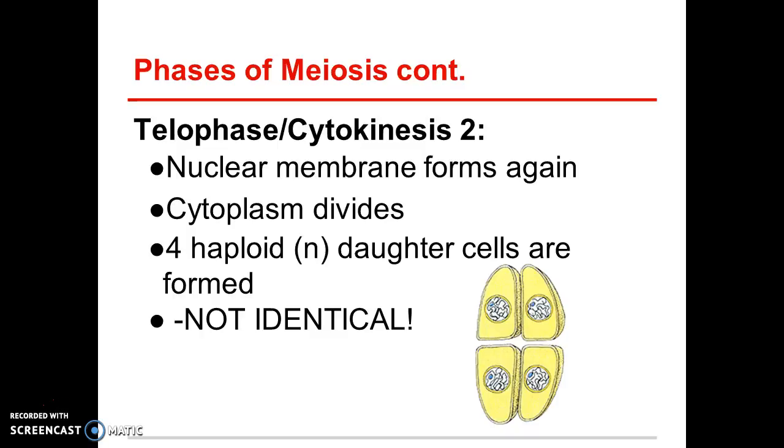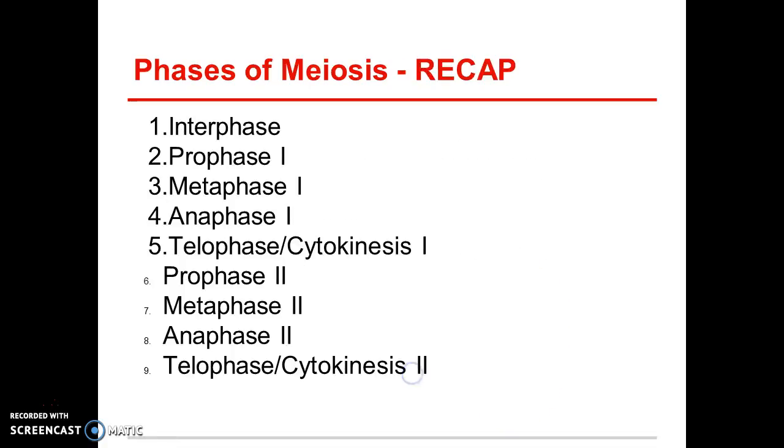Cytoplasm divides. Now we have 4 haploid, or lowercase n, daughter cells. 4 of them. They're not genetically identical. They're very different in genetic material. But the key is that with meiosis, in the end result, you have 4 genetically different haploid daughter cells.